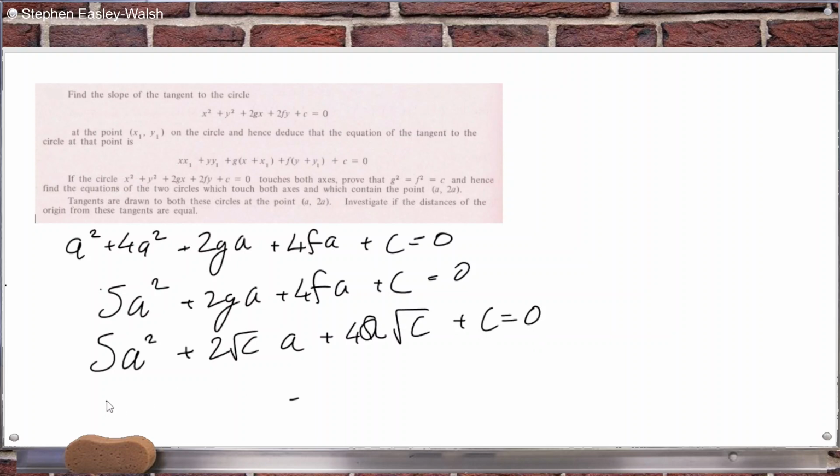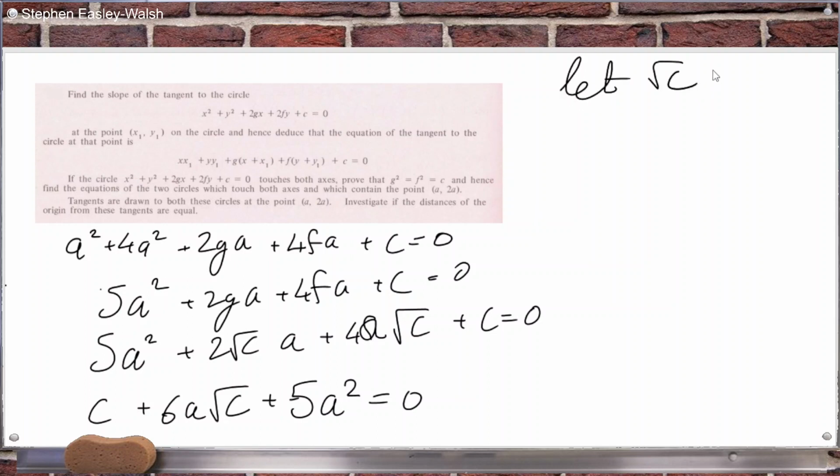So that's going to be c plus 6a root c plus 5a squared equals 0. And that is a quadratic in root c. You can see it if you say let root c equal u. Then what you'll get is u squared plus 6au plus 5a squared equals 0.